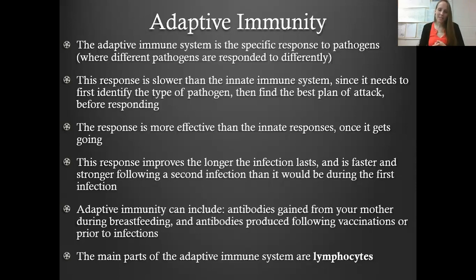Your adaptive immune system includes antibodies that you get from your mother during breastfeeding, as well as antibodies produced following vaccinations or produced in a prior infection. And the main part of the adaptive immune system is our lymphocytes.